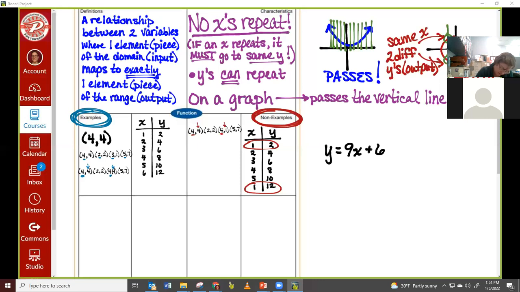What about, see if we can get some shapes. I'm going to steal from up above. Would this be a function or not a function? Yes, that one would be a function.